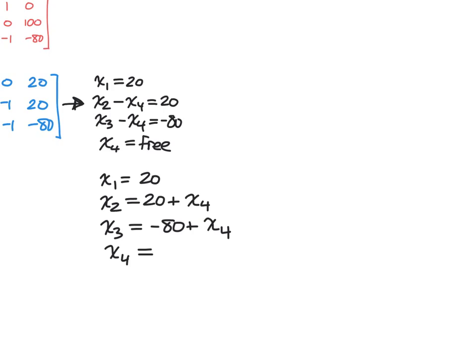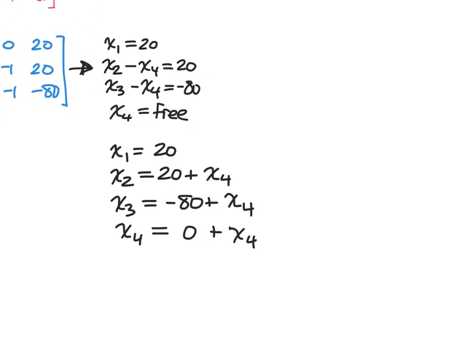All right, and actually, let me make a slight adjustment here. Let me make that 0 plus x4. Oh, my pen just turned off. It's running out of battery, that's why. And while I'm at it, x1 is just a solid numerical value, x1 is equal to 20, but I could still write it as x1 equals 20 plus 0 x4.